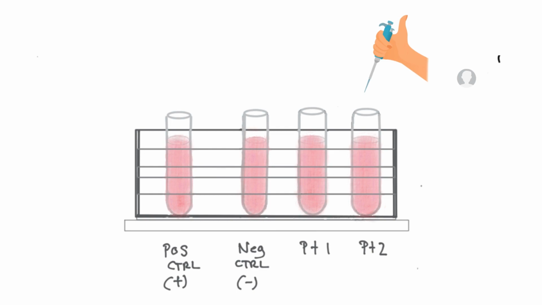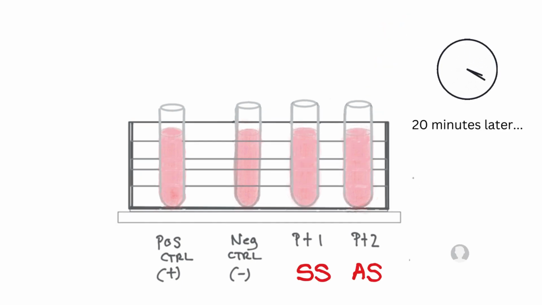After adding tiny aliquots of controls, positive and negative, and the patients, we will see if the sodium dithionite buffer will cause hemoglobin precipitates to form, and this will block the lines from visibility. After 20 minutes, we see hemoglobin precipitates form and turbidity in the positive control as well as two patients, the sickle cell disease and sickle cell trait, and we can't tell the two apart. What test is next that will be helpful in the diagnosis?